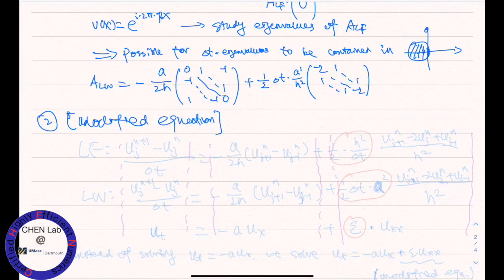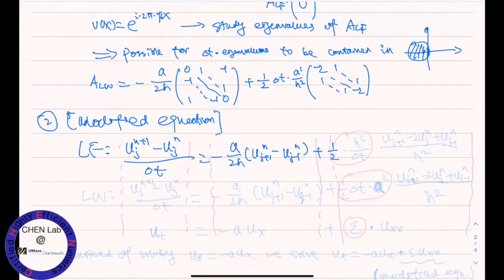If we look at the scheme of Lax-Friedrichs, as we wrote out multiple times above, that's just (u_j^(n+1) minus u_j^n) divided by delta t. This is equal to negative a over 2h times (u_(j+1)^n minus u_(j-1)^n), plus, we're going to rewrite that a little bit, 1 over 2 delta t.